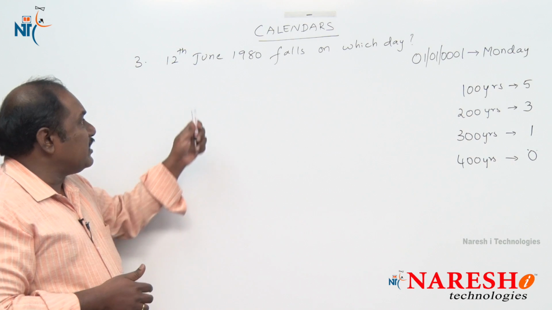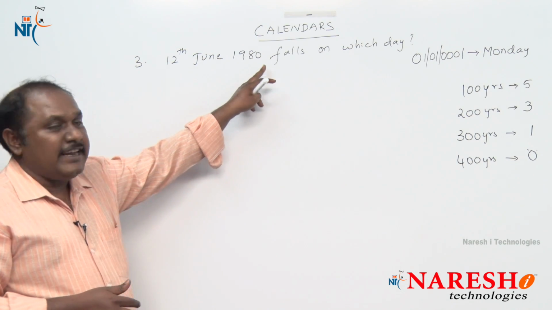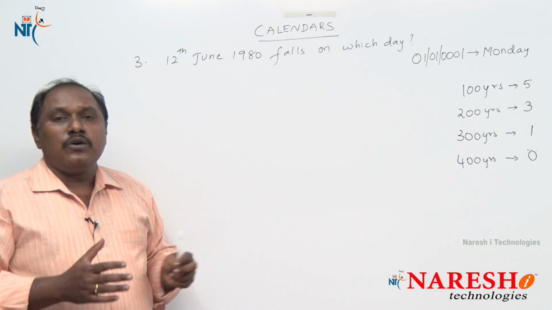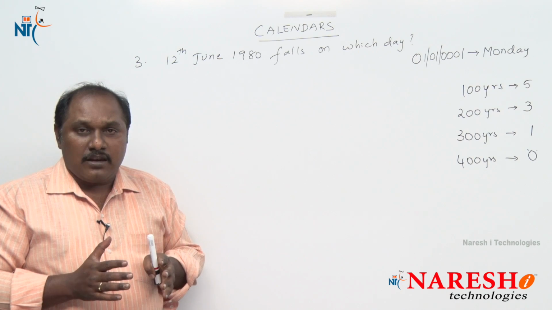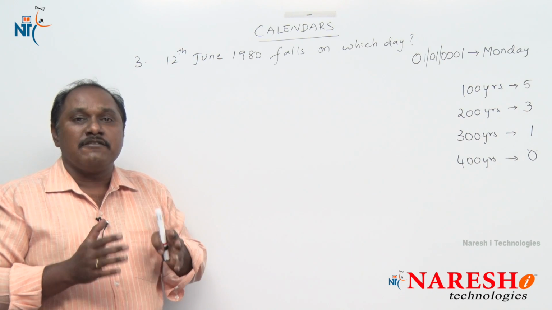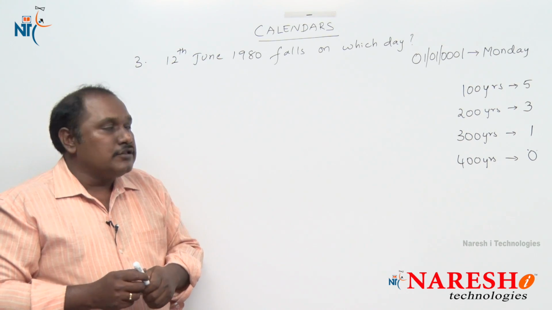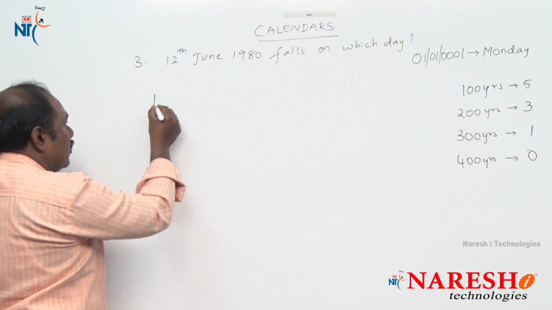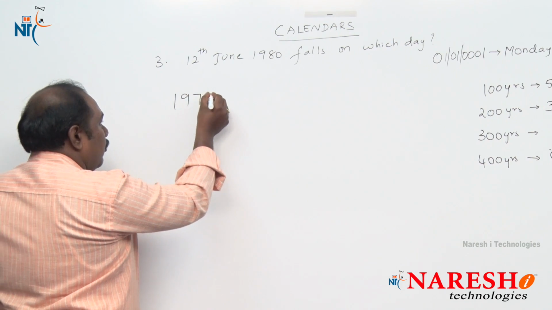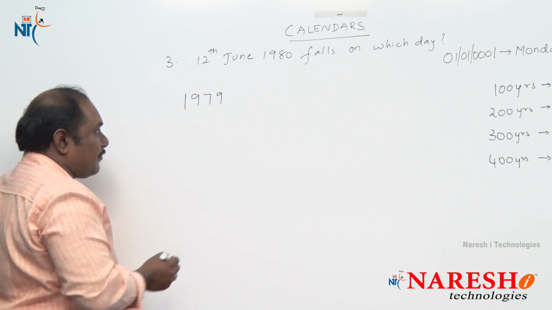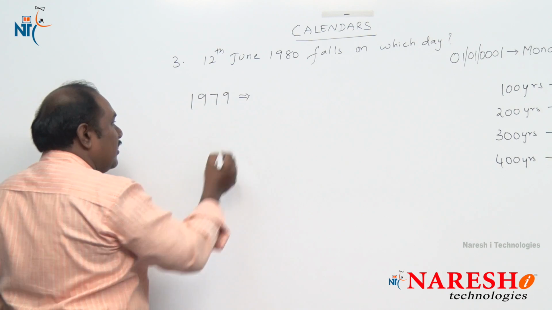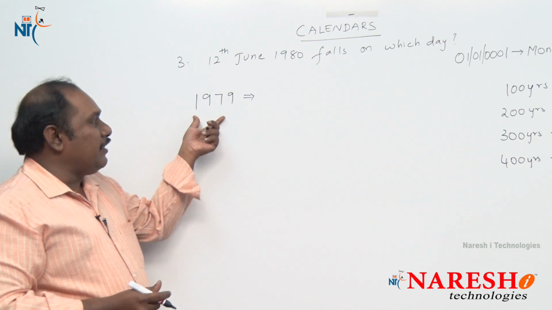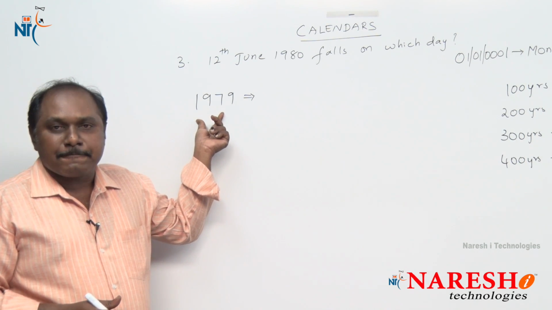According to the question, we are in the year 1980, so 1979 years are completed. So first of all, let us find out the odd days till 31st December 1979.